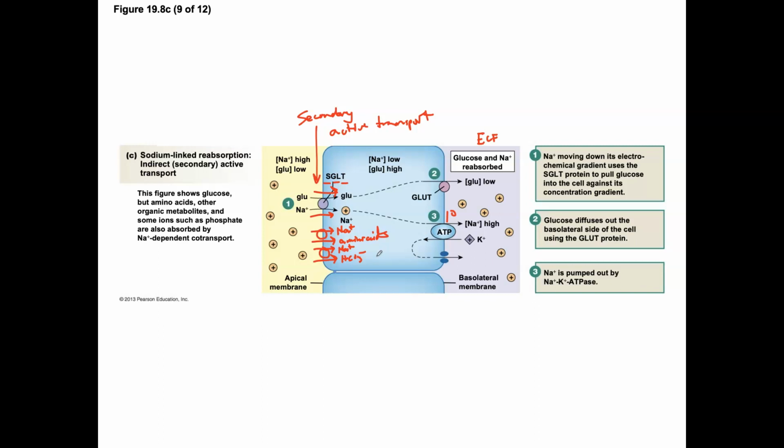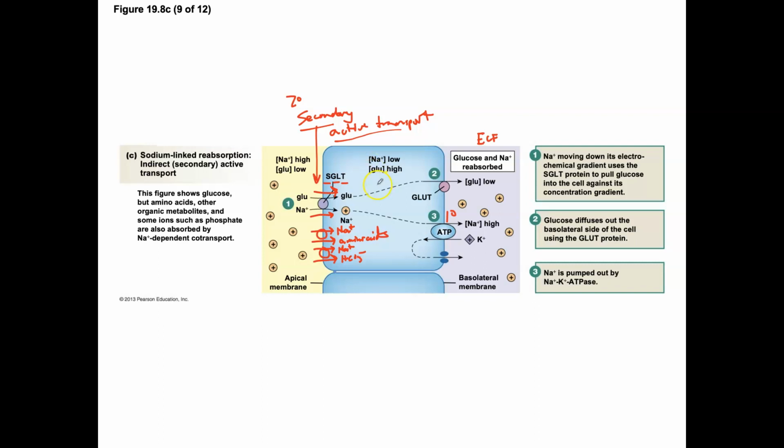Once we have sodium moving across the epithelial cells, we then can use secondary active transporters to move sodium with glucose, sodium with amino acids, sodium with bicarbonate, sodium with citrate, etc. So now we're starting to move other molecules into the extracellular fluid, and so we're driving the reabsorption of these other molecules.